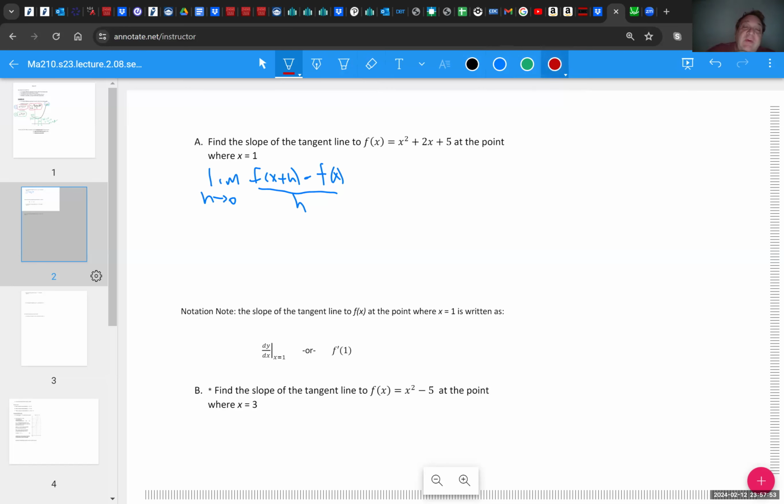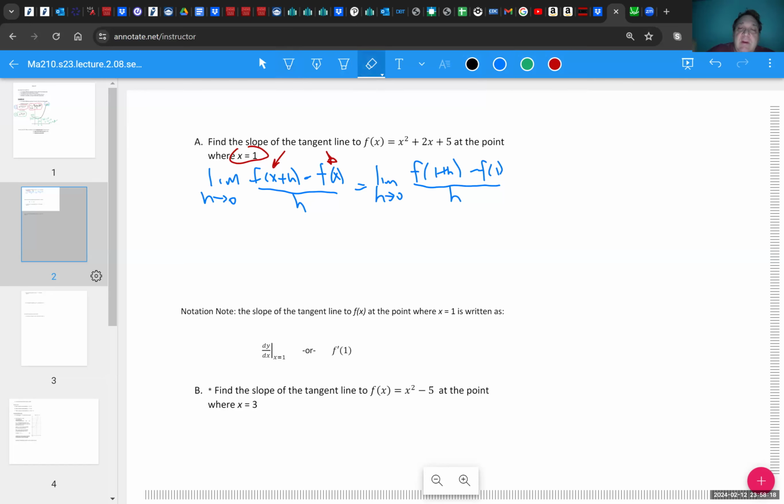Notice that we have been told that x is equal to 1. So we know the value of x. There's an x there, and there's an x there. So I'm just going to rewrite this since I know the value of x. So this becomes f of 1 plus h minus f of 1 over h.